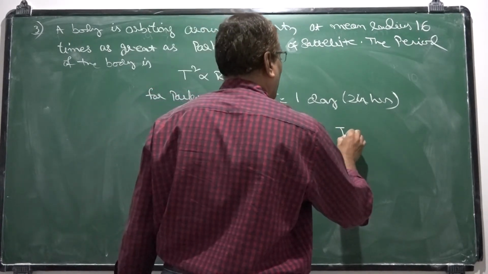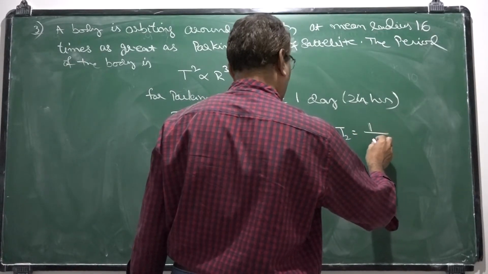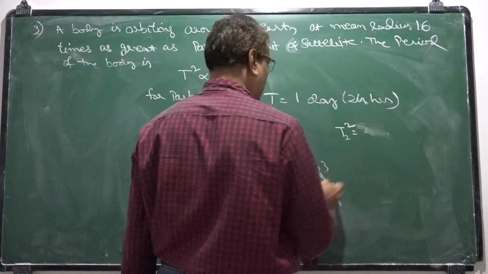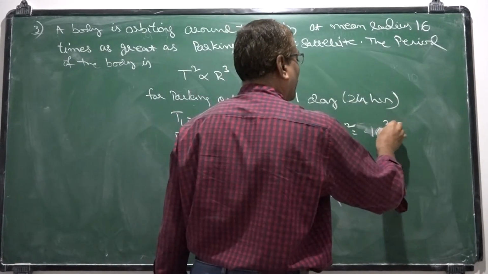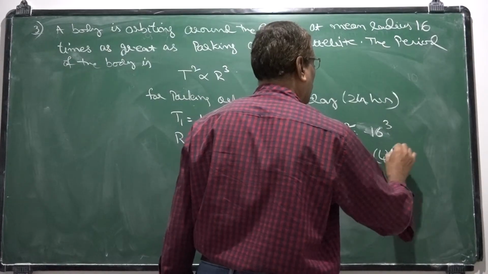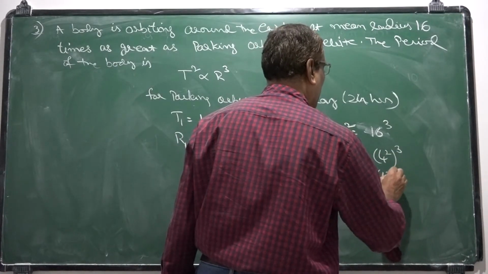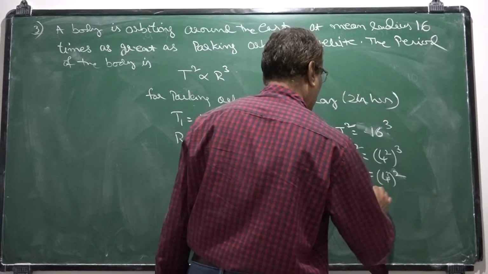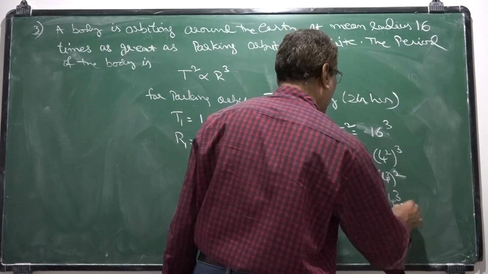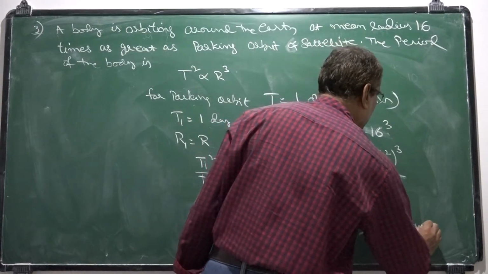Therefore T2 square is equal to 16 cube, that is 4 square whole to the power 3, that is 4 cube whole square. Therefore T2 is equal to 4 cube, that is 64. So 64 days.